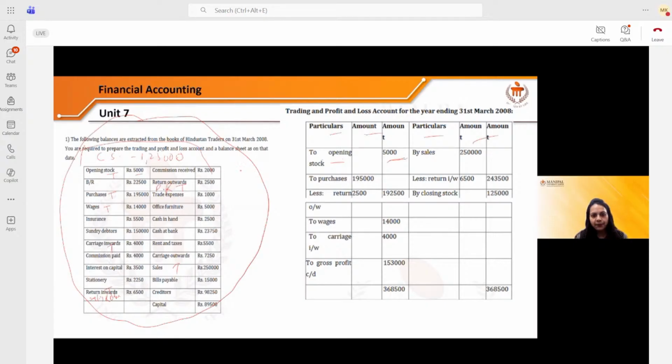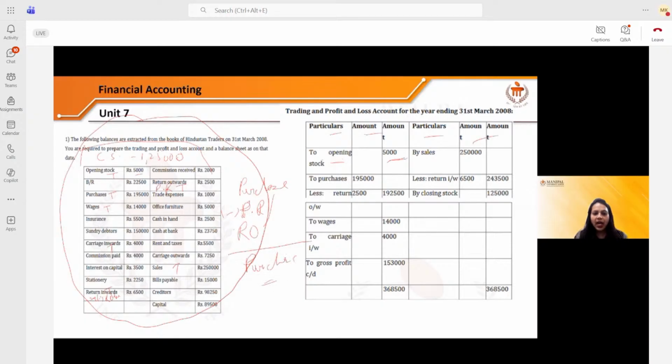Let me write over here. If in your question purchase is given and purchase return is given, PR means return outward, RO. So purchase minus purchase return is the actual purchase.